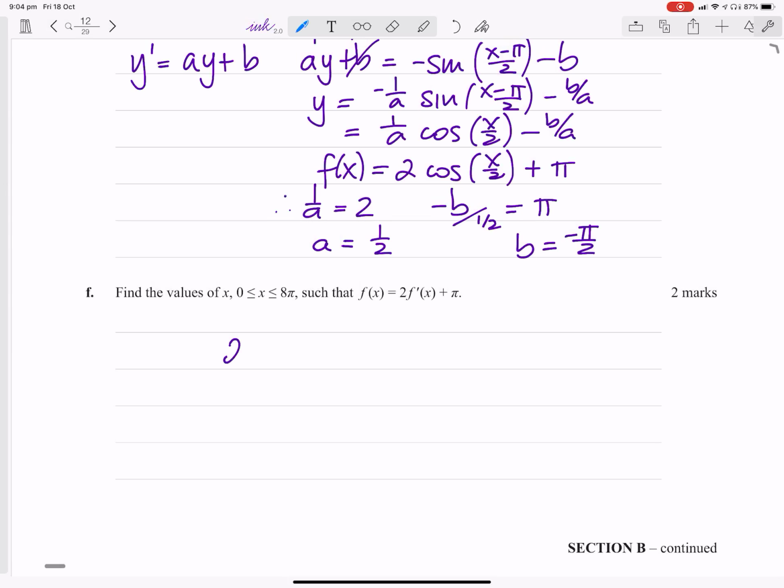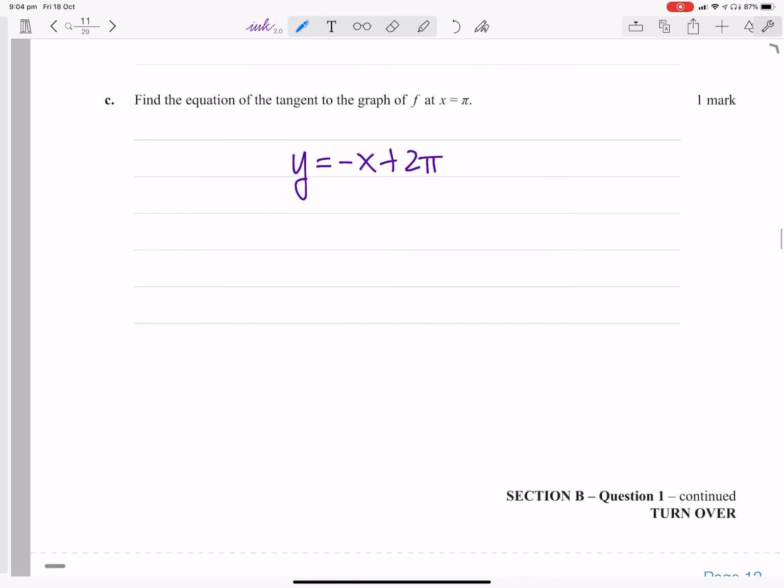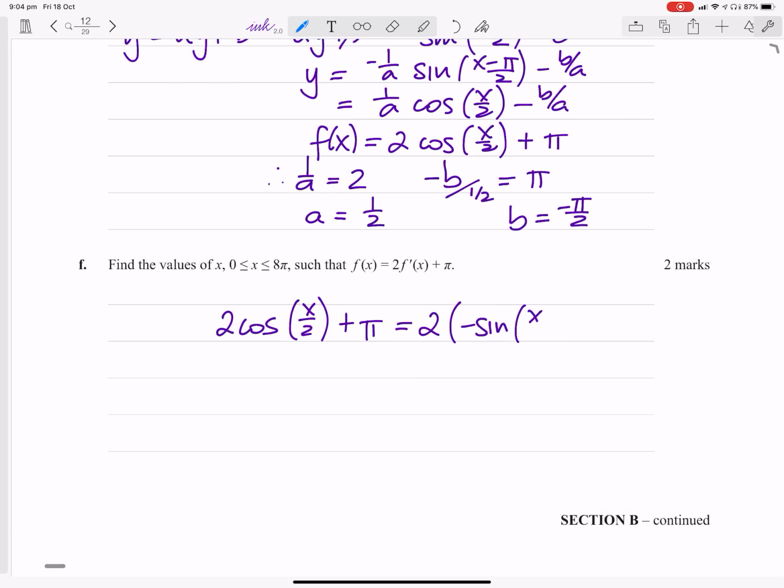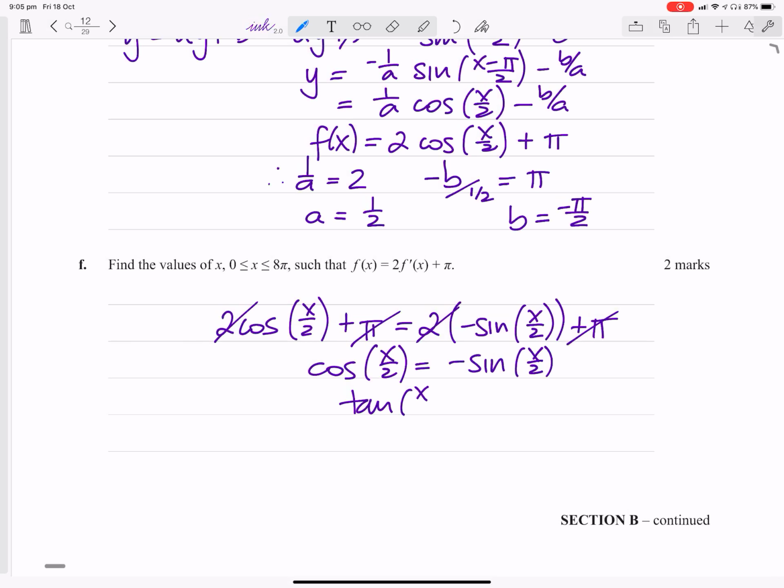So we can say f of x, 2 cos x on 2 plus pi, is equal to 2 times negative sine x on 2 plus pi. They cancel. So you want cos of x on 2 is equal to negative sine of x on 2. So tan of x on 2 is equal to negative 1.